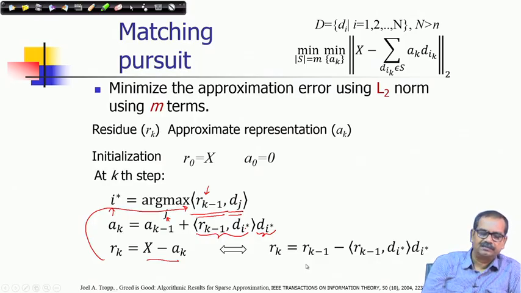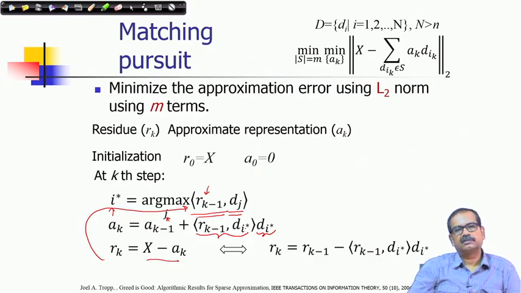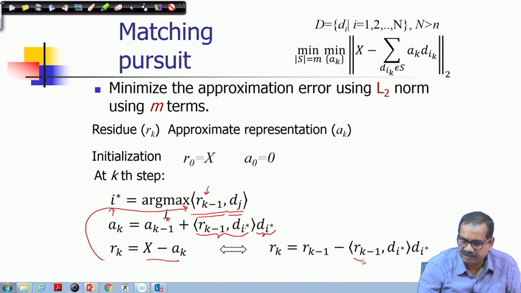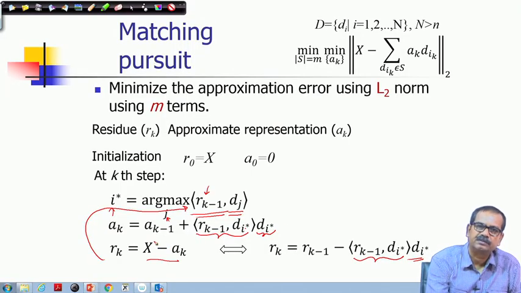You should note that this is equivalent to this computation. I can subtract the approximate representation from the total signal, and then I also get the residue at this stage, or I can incrementally build up the residue. Earlier I had residues till the k minus 1 stage, and out of that, the projected component of the residue R k minus 1 along d i star has already been taken care of and transferred to the approximation part.